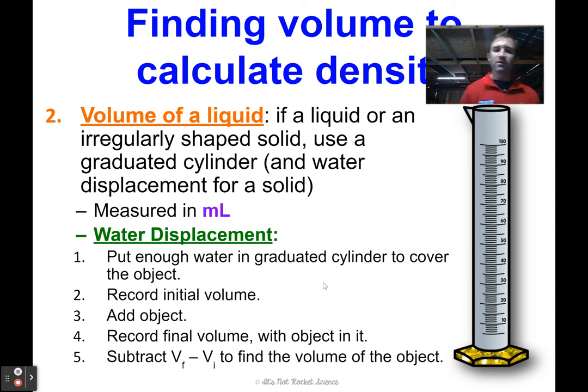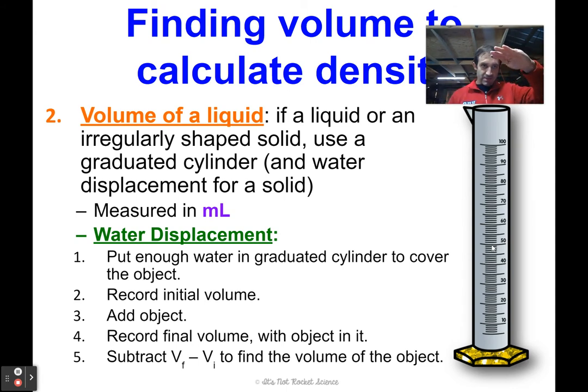If it's a liquid or irregular shaped solid, use a graduated cylinder and water displacement for a solid. What are we saying here? You put enough water in the graduated cylinder to cover the object. So we'll say we're going to put 50 milliliters of water. We pour water in there and put it at exactly 50.